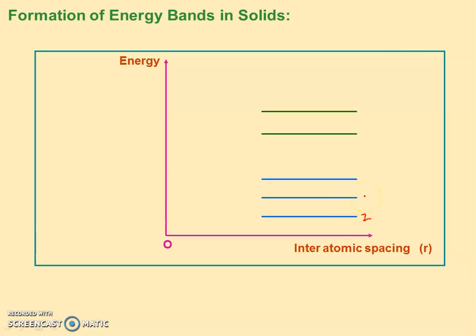Again in 2s there are 2 energy levels, but the energy of both is the same, so only one will be visible. There are again, how many energy levels? There are 6 energy levels. This is 2p. Now this is for one atom.